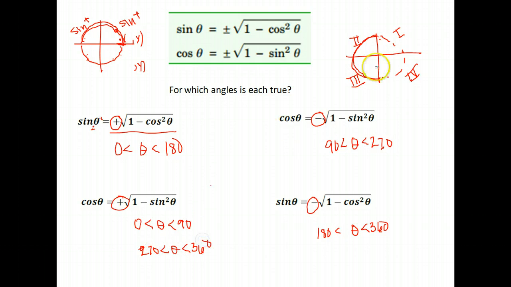We could also describe it as angles from negative 90 to positive 90 if you prefer that. But that is why we have both the positive and negative, so that we're able to cover all those values. And notice that the positive doesn't work in all 4 quadrants, the negative doesn't work in all 4 quadrants, and it depends on whether you're working with sine or cosine.